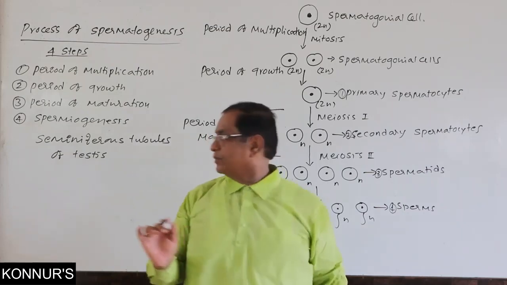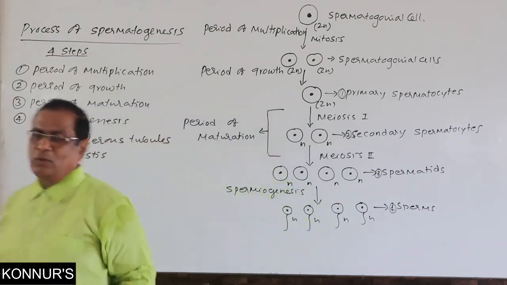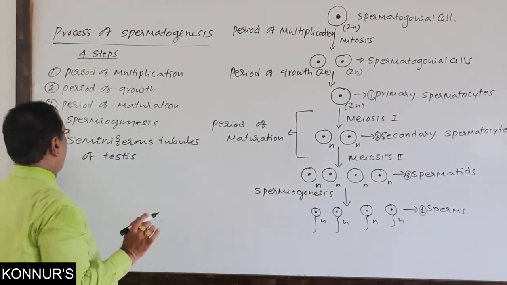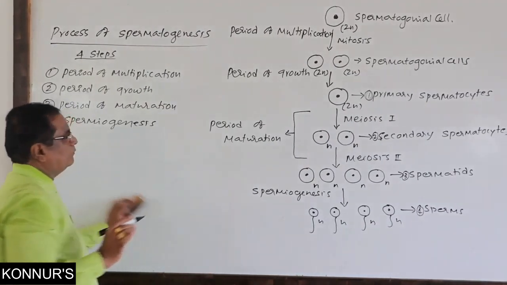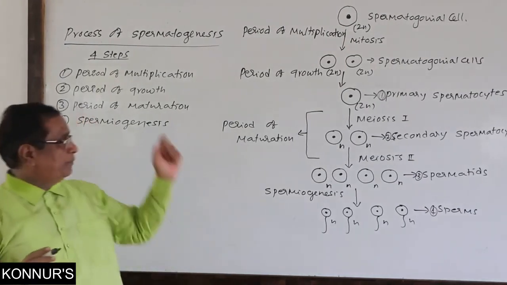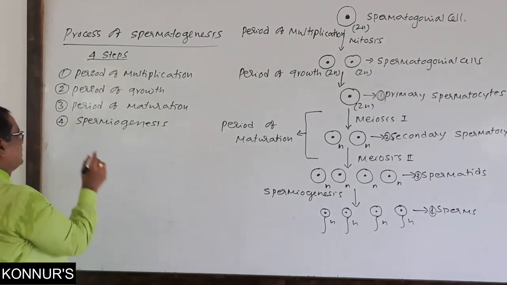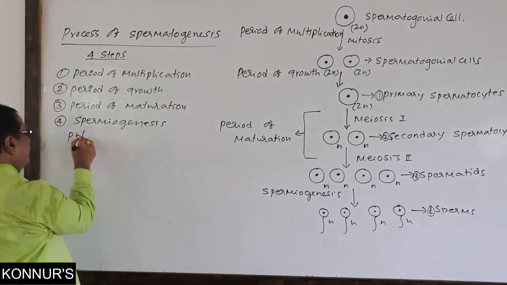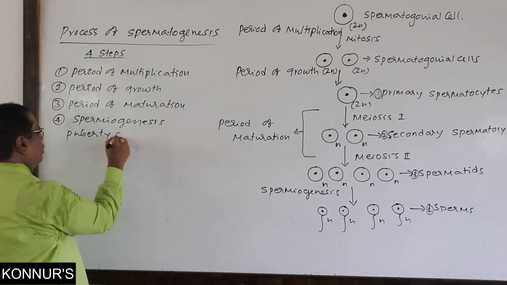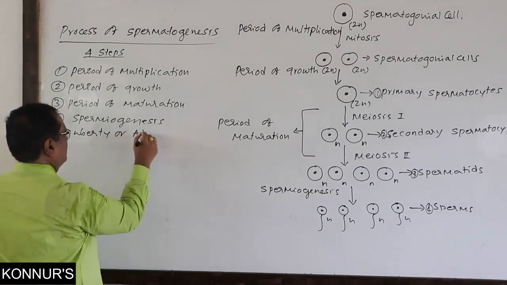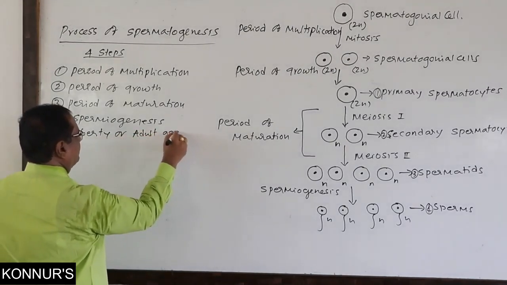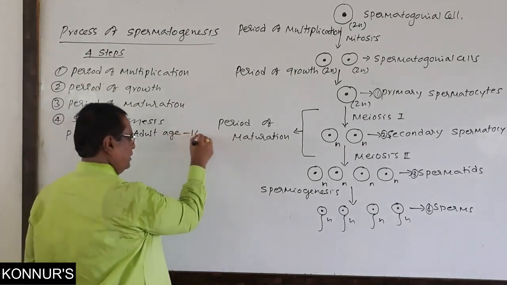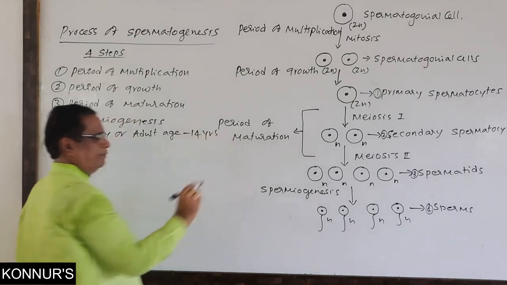And now, while dealing with the male reproductive system, I have explained a process of spermatogenesis takes place when the males reach puberty or adult age. Their adult age starts when they become 14 years old.